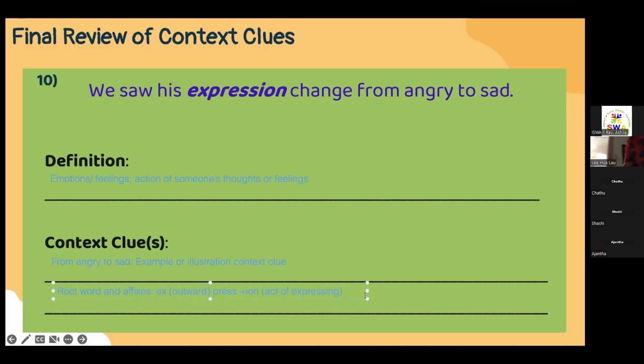So ex is outward and the outward expression. So it also can be a root word and affixes. If you understand what ex means, you probably will guess that expression is actually the look on someone's face.